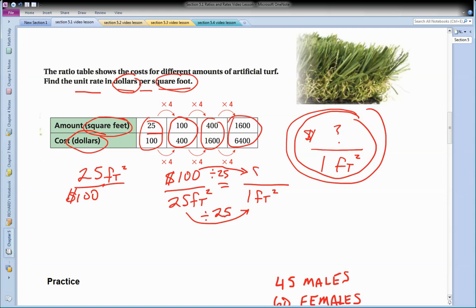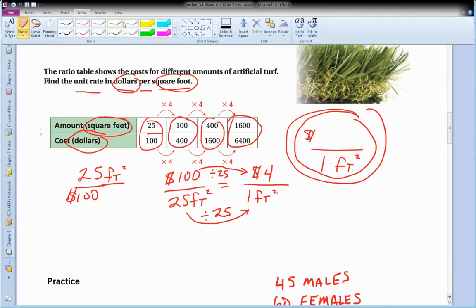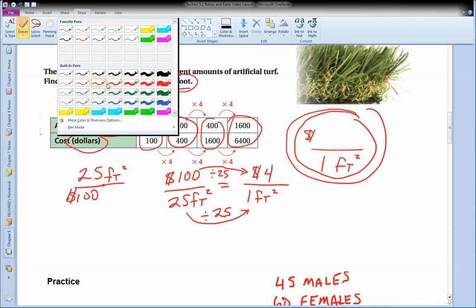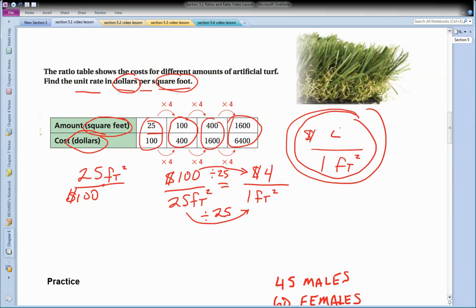And when you do that, you end up with your answer, which is $4. So I can come back here, erase this question mark, and put $4 in my numerator. And I'm done. There's my unit rate. There's my cost per square foot.